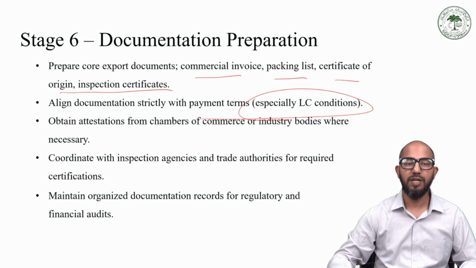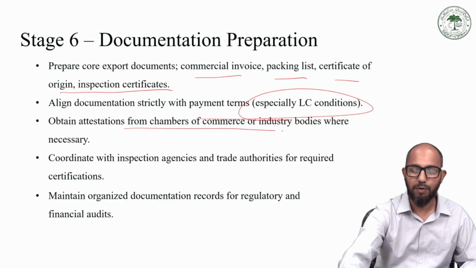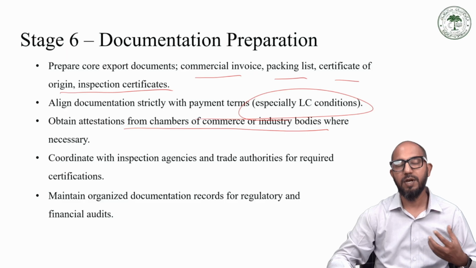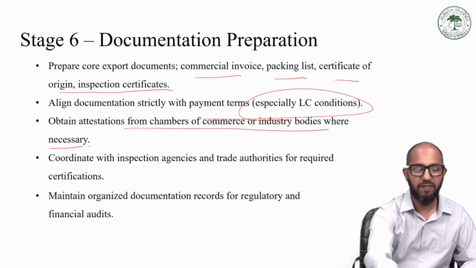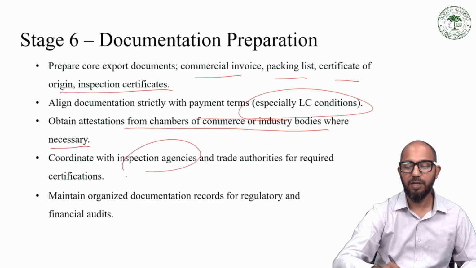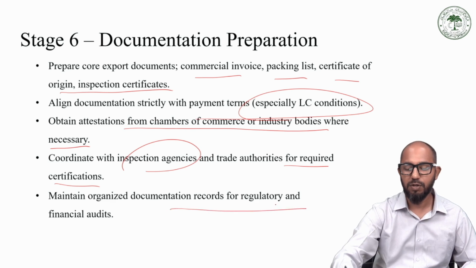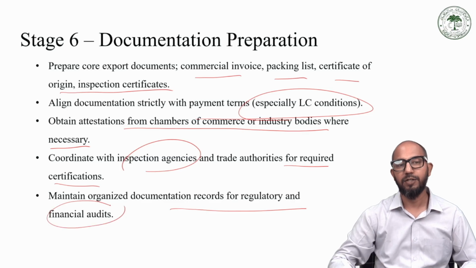In the same stage, there is a necessity of obtaining attestations from chambers of commerce or industry bodies where necessary. After that, it is also important to coordinate with inspection agencies and trade authorities for required certifications. Also, document preparation maintains organized documentation records for regulatory and financial audits.